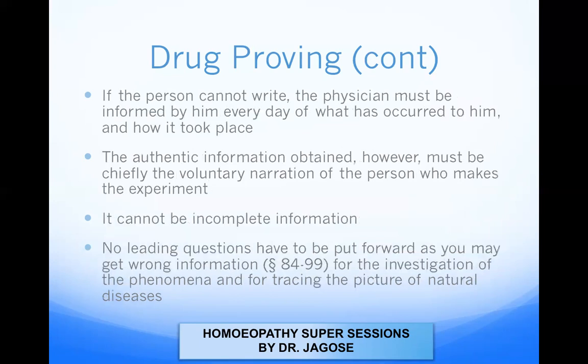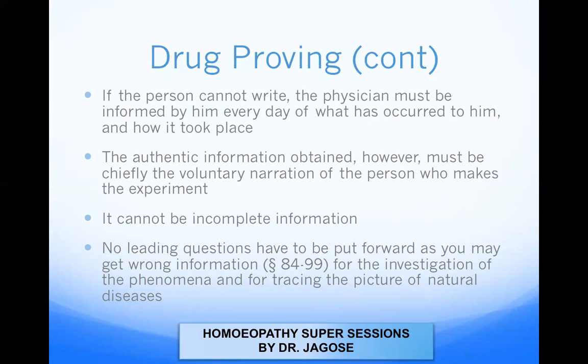If the person cannot write, the physician must be informed by him every day of what has occurred to him and how it took place. So if the person cannot write or is maybe illiterate, then that person should inform the physician or the master prover every day what his sensations are, what has occurred to him and how it took place.